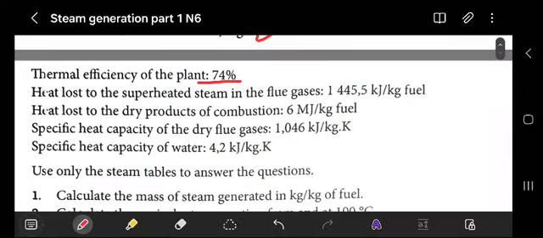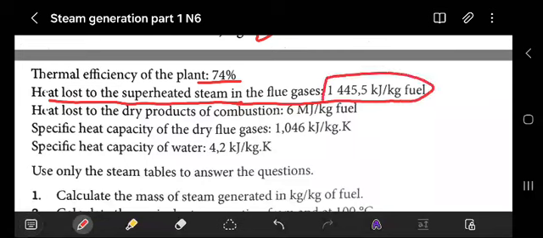Right, then the heat loss to the superheated steam in flue gases. The heat loss in flue gases, heat loss to the steam in flue gases, heat loss to the dry product, is what we've been given.